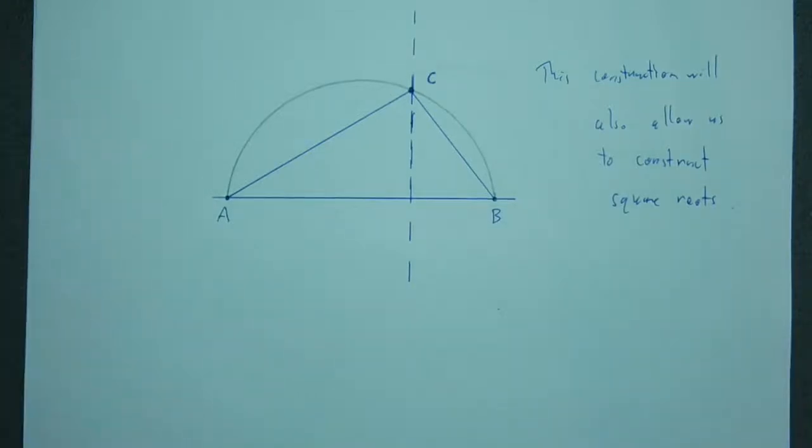Okay, so this is also going to allow us to construct, using compass and straight edge, the notion of square roots. But first, I want to do a second proof of the Pythagorean theorem.